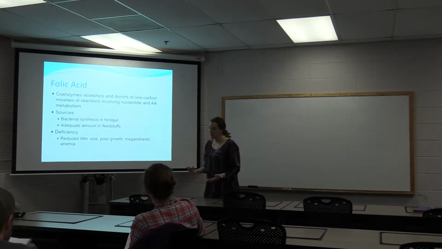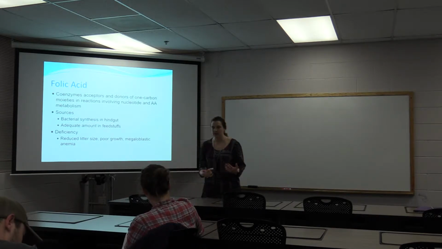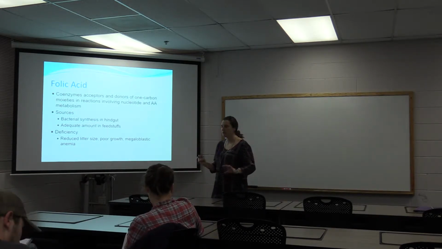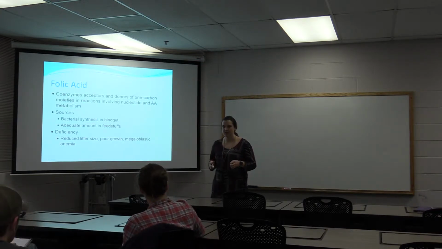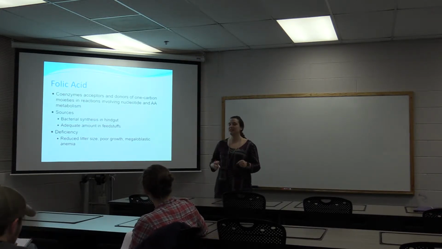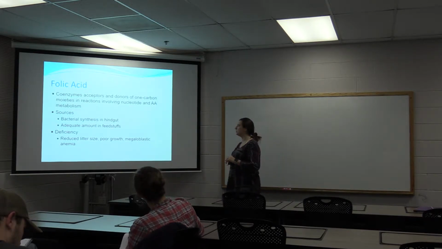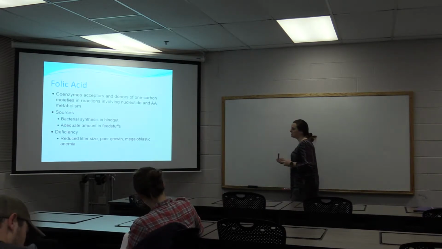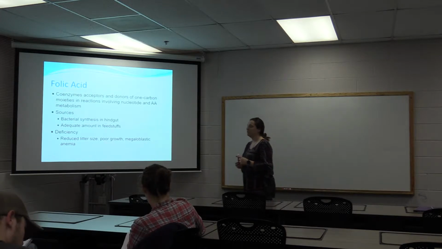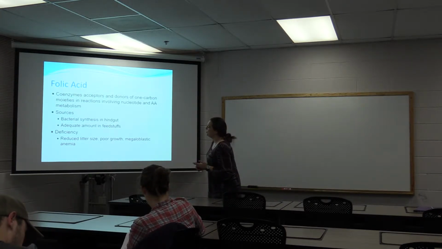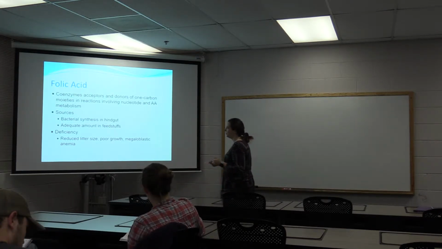It's involved in making purines and pyrimidines. Where have you heard of purines and pyrimidines, and why are they critical for an animal? That's what DNA is composed of. DNA and RNA are composed of purines and pyrimidines, so that's your A, G, C, and T, and your U.